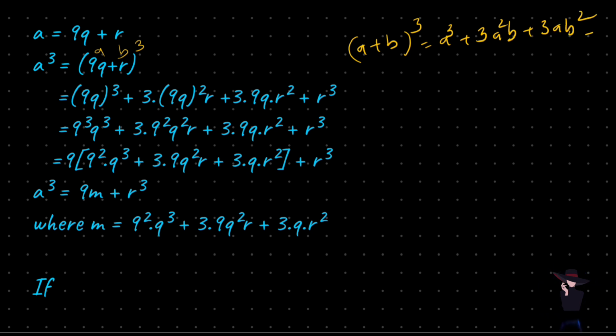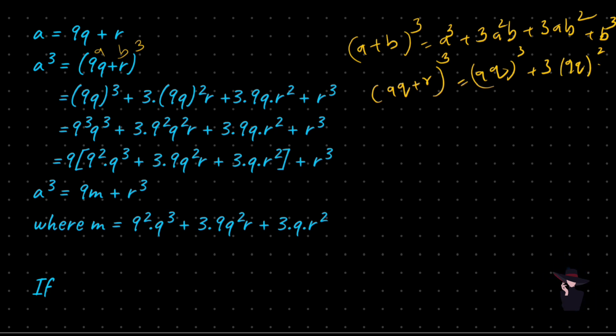So we will elaborate this using this formula. How are we going to do that? 9q and r are a and b, whole cube, right? So (9q) whole cube means a cube plus 3a square b, (9q) whole square into r, because a is 9 and q together, so that is why it's whole square.